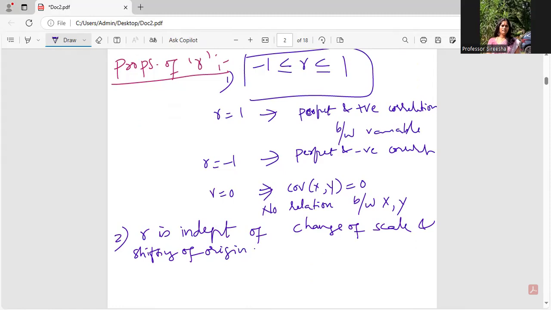Okay. Basically, these are the properties. Of course, if two independent variables are there, they are not correlated and all those things. Anyways, I have discussed. So I think this much is enough, right? These two properties, especially the bound on correlation, are what you ought to know. Okay. Let's do a problem in the next video.